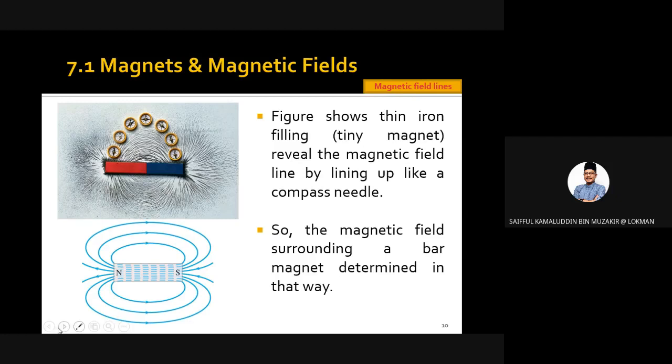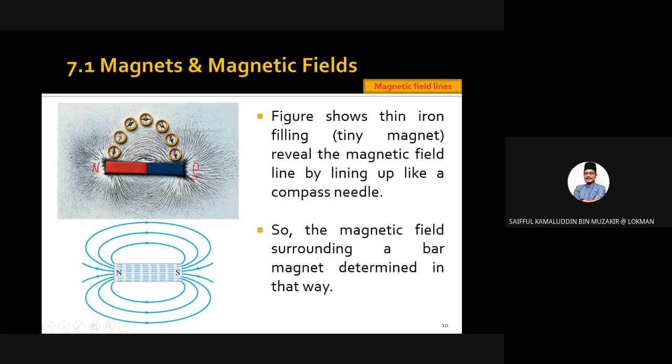Now let's see. It seems like we understand, but let's see first. Let's say this is a bar magnet with a north pole and a south pole. How do we know that? We could use the compass.